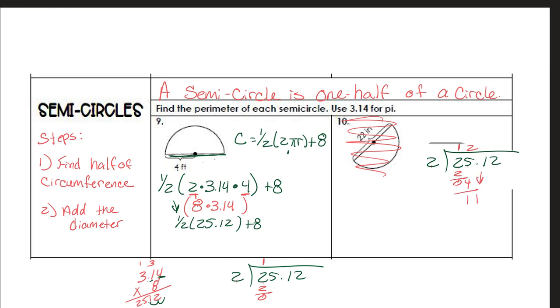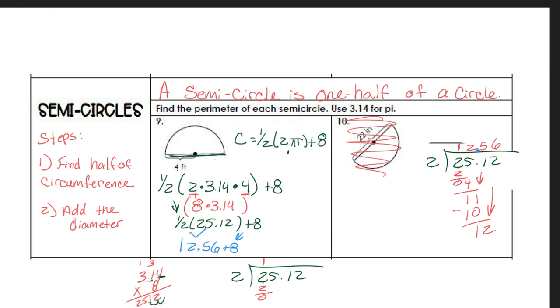Bring this 1 down. 2 goes into 11 5 times. I'll have 10. Subtract that, I get 1. Bring the 2 down, I get 12. 2 goes into 12 6 times. When dividing, I only have a decimal in the dividend, so all I have to do is put it up here, right above where it was. So when I divide by 2, I get 12.56. Now, I can't forget, I need to add 8.